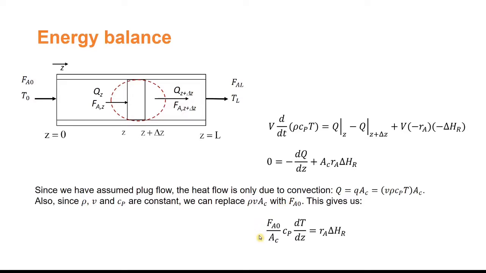You can see that we cannot solve our energy balance on its own because RA depends on X and T, the conversion and the temperature. And if you remember our material balance, the dependent variables in the differential equation are also X and T. So we have to solve our material and energy balance simultaneously.